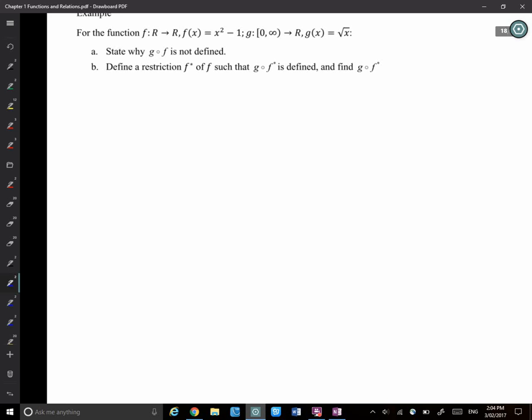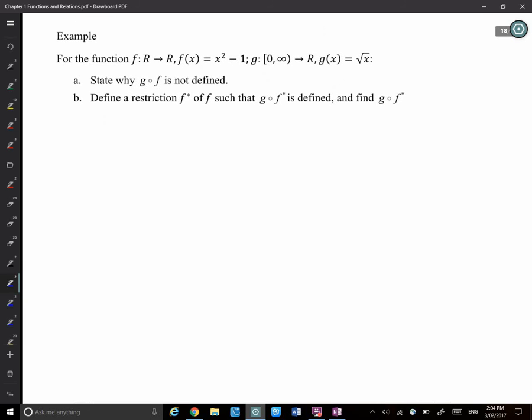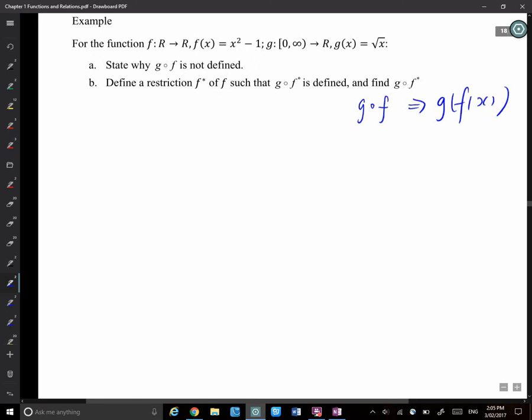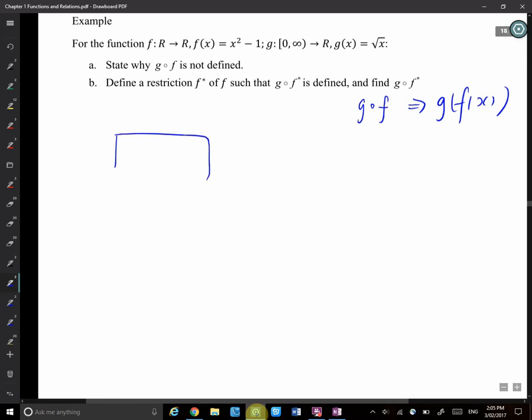Let's say why it's not defined. First of all, under this notation, f is the inside function. g circle f is equivalent to g of f(x). f is inside, g is behind. I want to make that chart first to explain why it's not working.